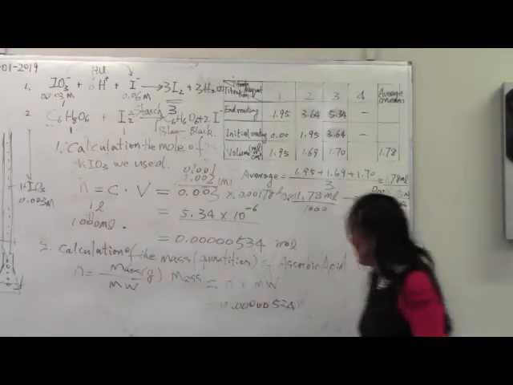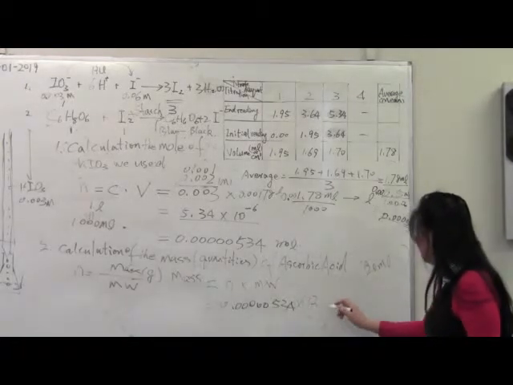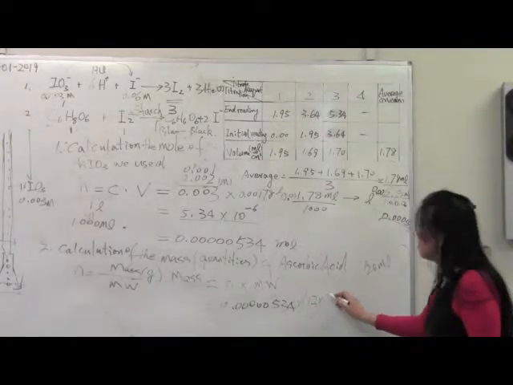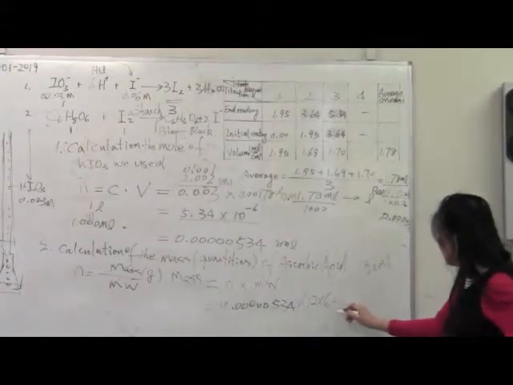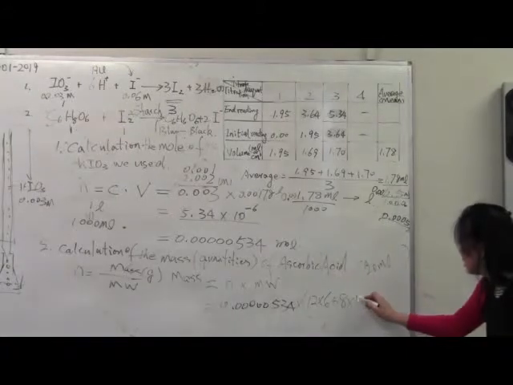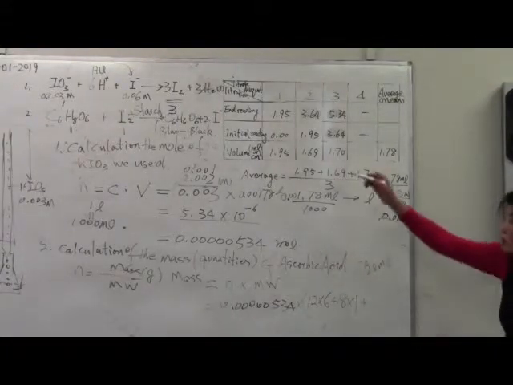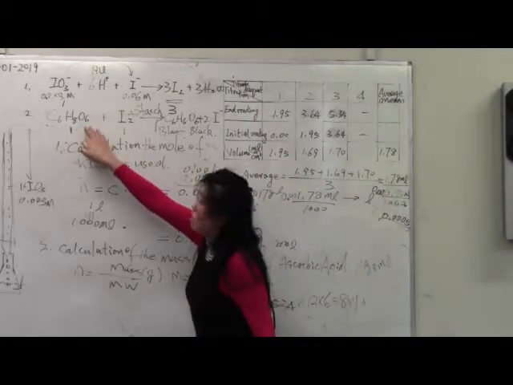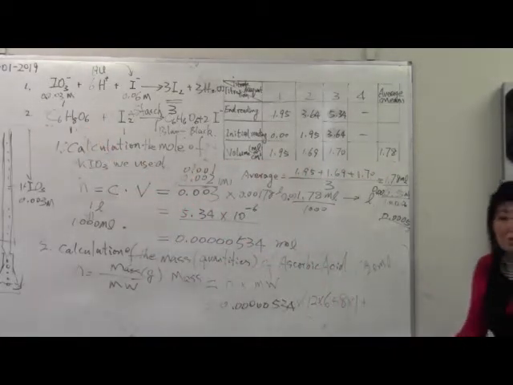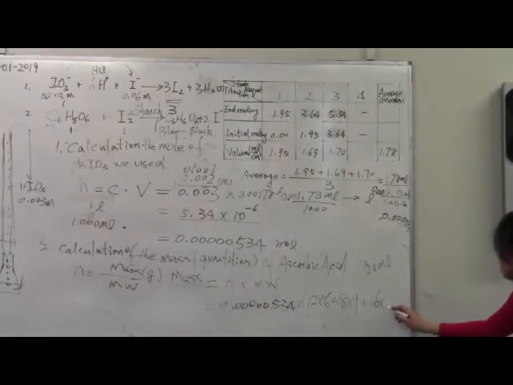Carbon molecule weight is 12, times 6, plus hydrogen, 8 hydrogen, and its molecule weight is 1. Then plus with oxygen, we have 6 oxygen, and oxygen's molecule weight is 16 times 6.